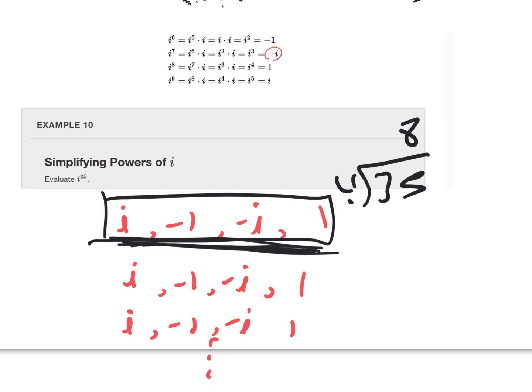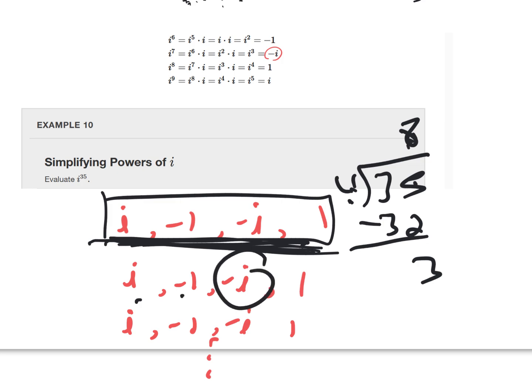So I don't care about the 8. I care about 8 times 4 is 32. And when I subtract, I have 3 left over. What does that tell me? After you've done this 8 times, you're 1, 2, 3. You're at a negative i. That should be the answer, negative i.